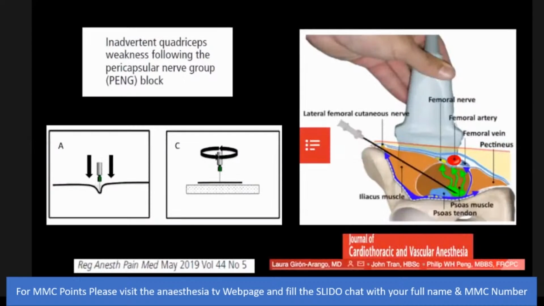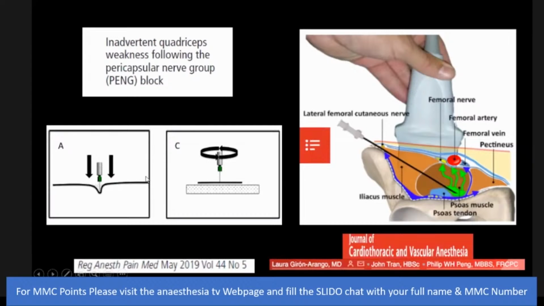There are a few reports of quadriceps weakness after PENG block. It is said that the anterior layer of fascia iliaca is quite tough, and if the drug gets deposited over the fascia iliaca, then it can definitely reach the femoral nerve and block it.